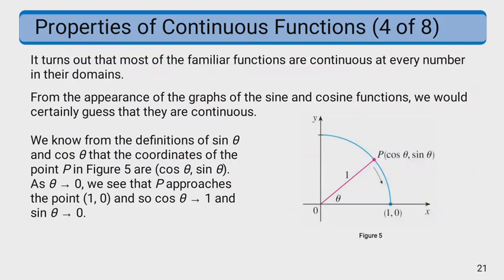Now, we can even extend our idea of continuity to trigonometric functions, especially looking at a sine function and a cosine function. Remember, every point on a circle can be defined as r cos theta, r sine theta.